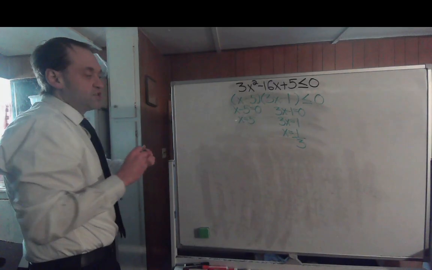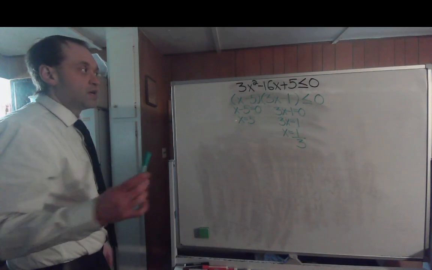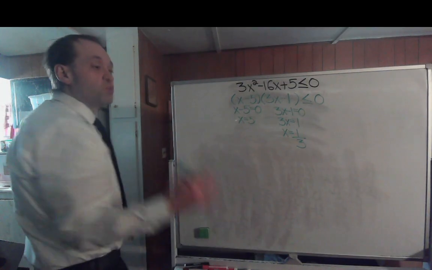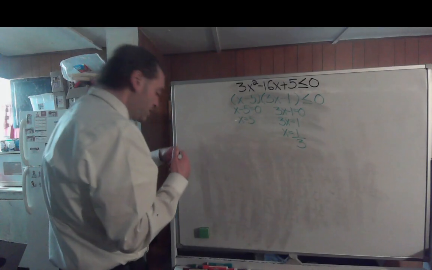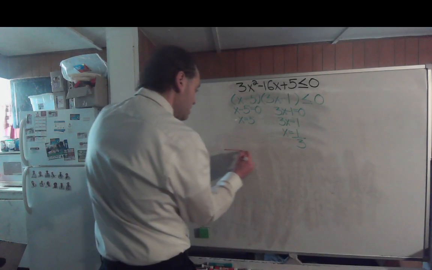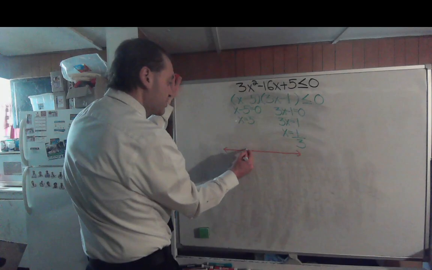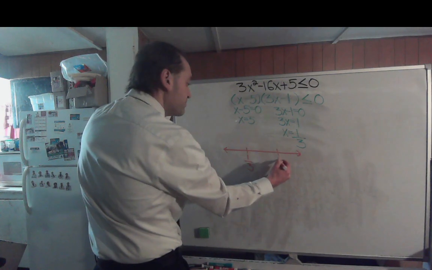So we have two values of x, being x equals 5 and x equals 1/3. Since this is less than or equal to, both of those values of x will be part of your solution set. So let's go ahead and draw ourselves a number line with those two numbers. So we had x at 1/3, and then we had it at 5.